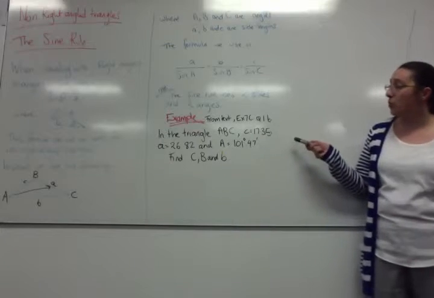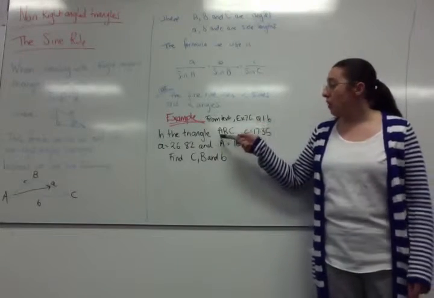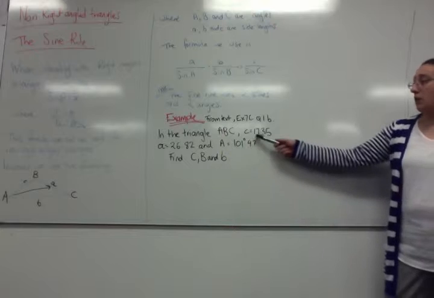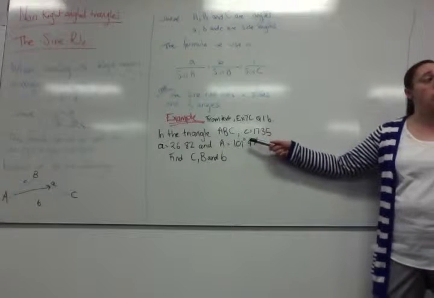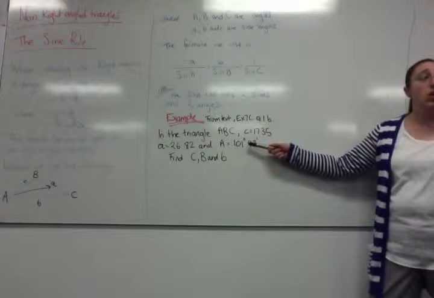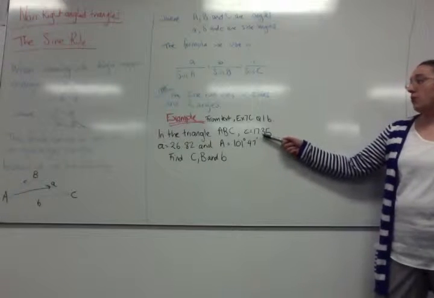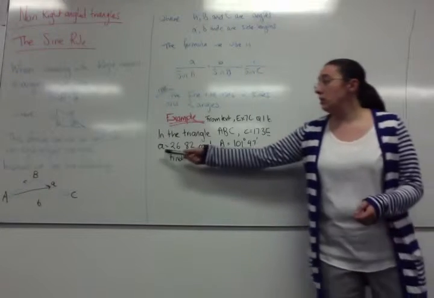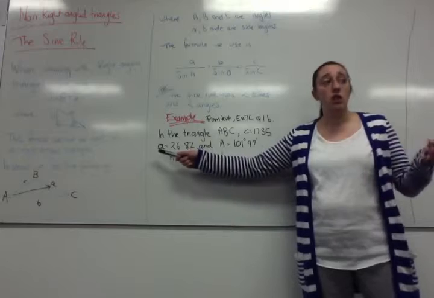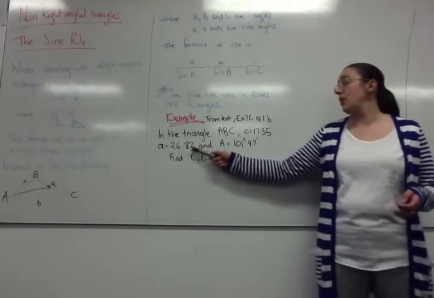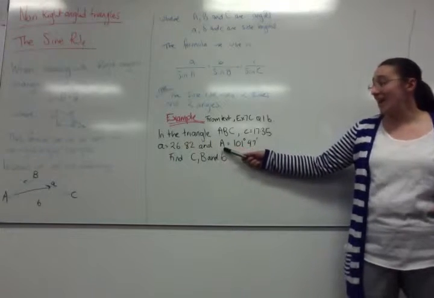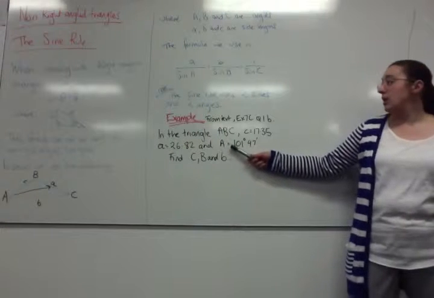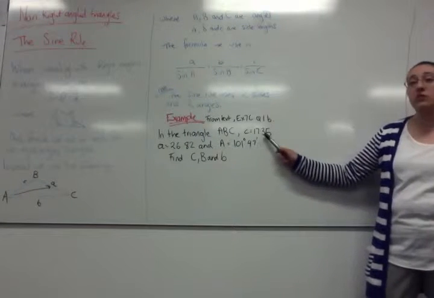So from the textbook, in a triangle ABC, little c, which is what? Is that a side or an angle? A side, is equal to 17.35. Little a, which is a side again, is 26.82. And A, which is the angle, is 101 degrees and 47 minutes.